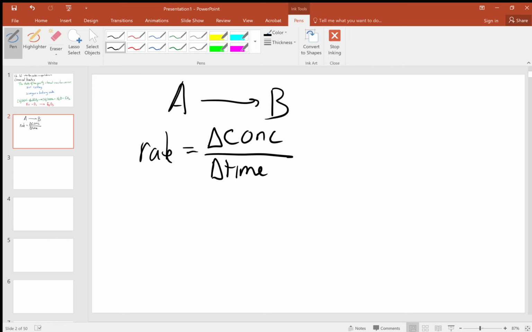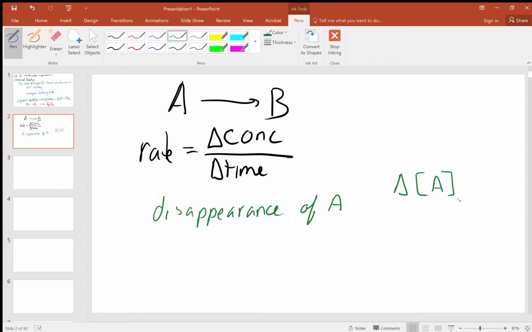And so we could consider that as the disappearance of the starting material, disappearance of A. So that would be a change in the concentration of A over time. Now we put A here in brackets. The brackets here indicate that we're referring to the concentration of A.